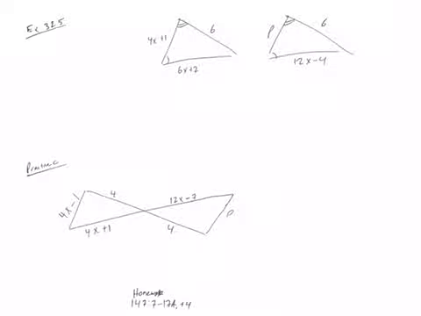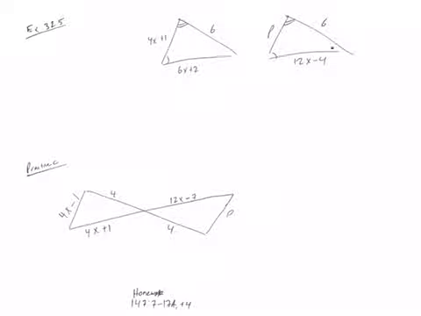So this is example 32.5. And it tells us that these two triangles are congruent. They're not exactly drawn the same, but we'll just do that. And we're supposed to solve for x and solve for p. Well, I notice that this side and this side are 6, which means that this side and this side must correspond to each other, and this side must correspond to each other.